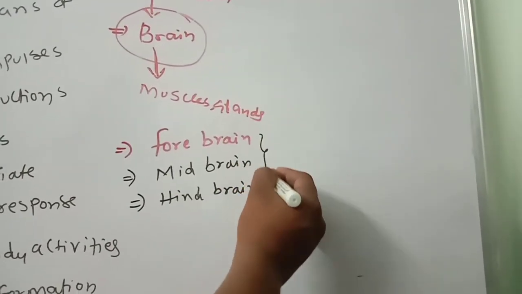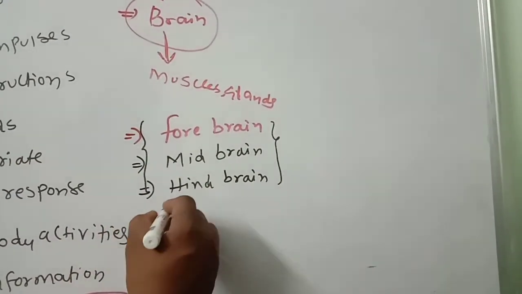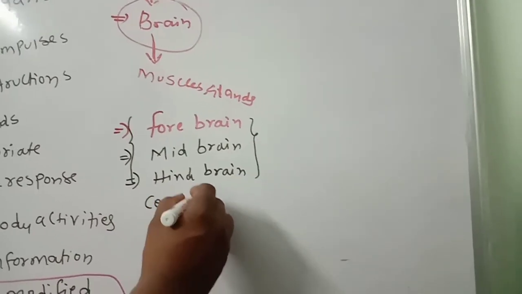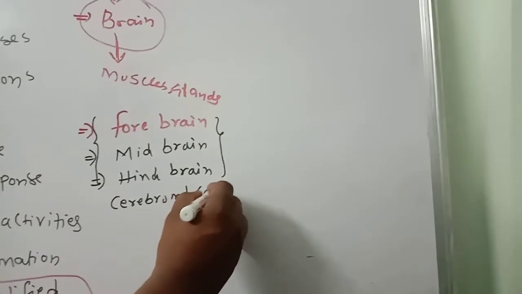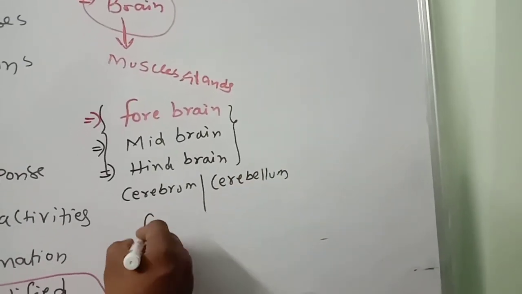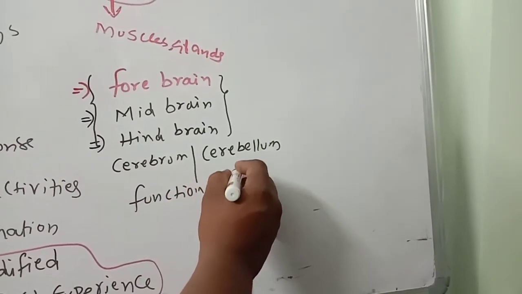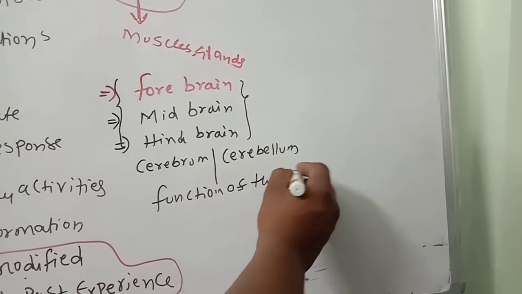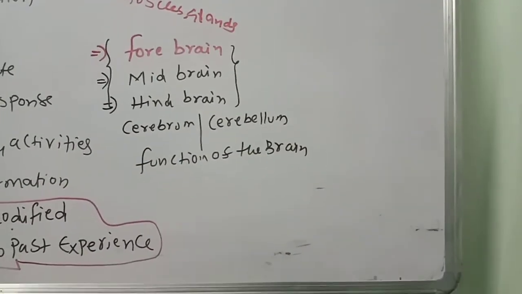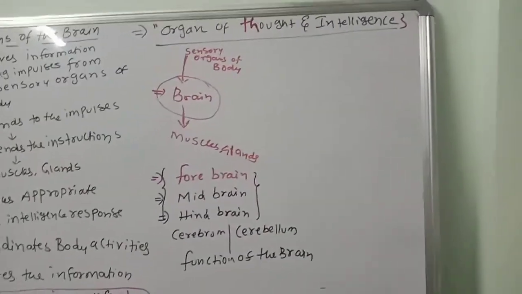We discussed these and their functions. Later we discussed the difference between the cerebrum and cerebellum, the functions of the brain, and the main activities of the brain, which we covered in this topic.